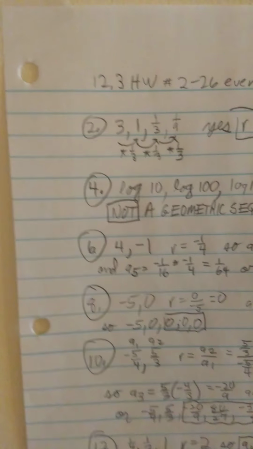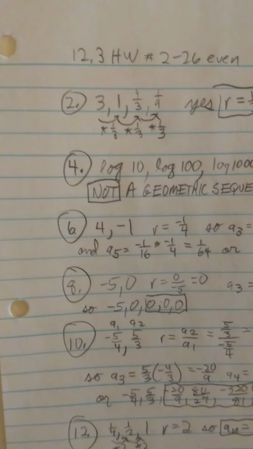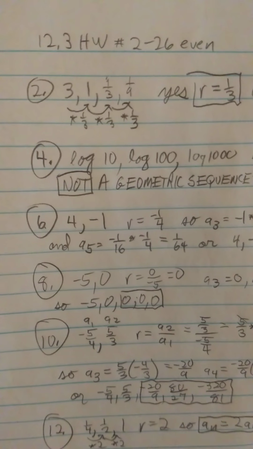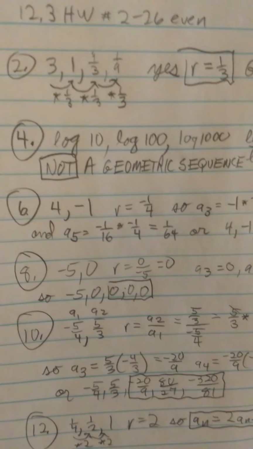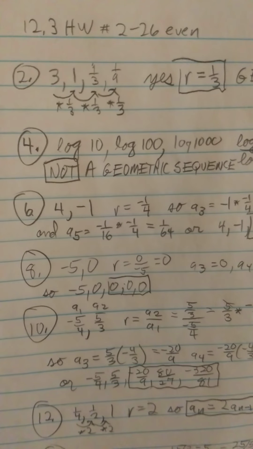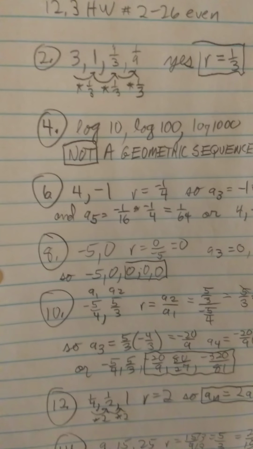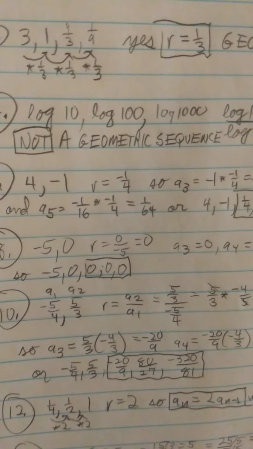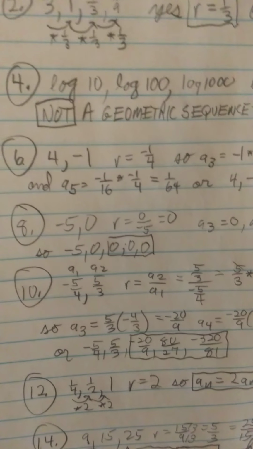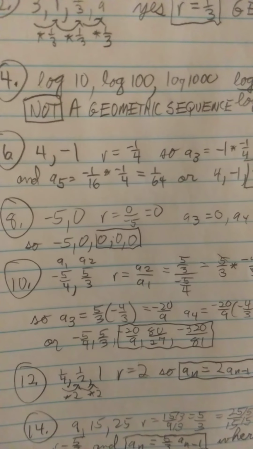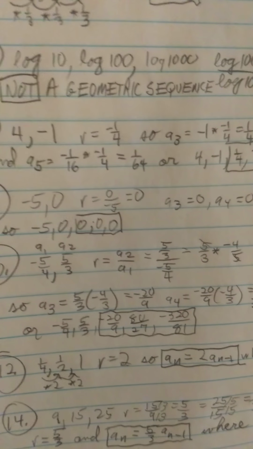Starting on the homework, we have problem number 2 with a sequence of 3, 1, 1/3, 1/9, and it's easy to see that yes, that is a geometric series, multiplying each term by 1/3 to get the next term. Now the next one is kind of funny: log 10, log 100, log 1,000.